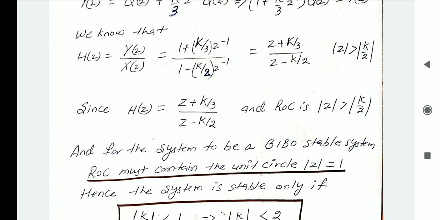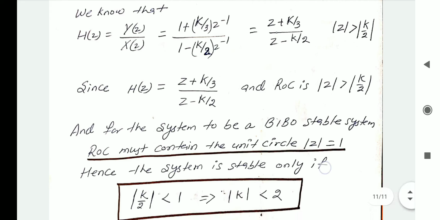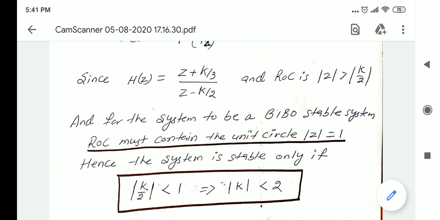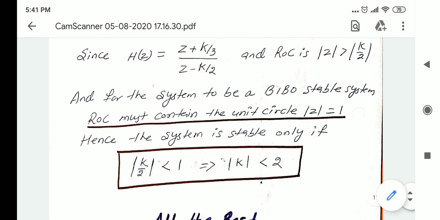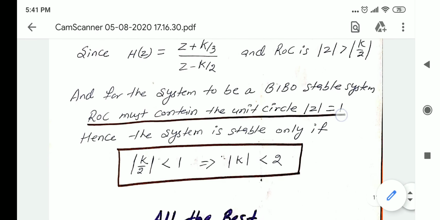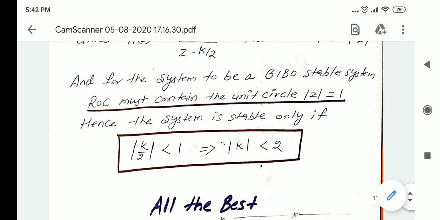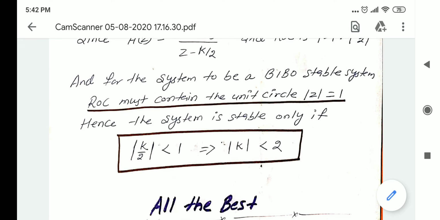So for the system to be a BIBO stable system, if this is the ROC, that is mod of z greater than mod of k/2, the ROC must contain the unit circle. This is the only condition for the system to be stable. Hence the system is stable only if mod of k/2 is less than 1.